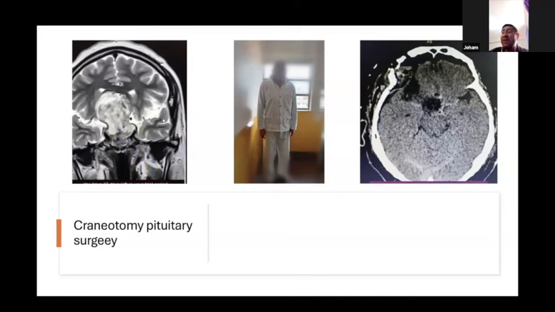We also had these large cases of pituitary surgery. We couldn't approach these cases with the endoscope. Of course, it can be done, but maybe our experience was not enough for this surgery. So we went through the lateral supraorbital approach.